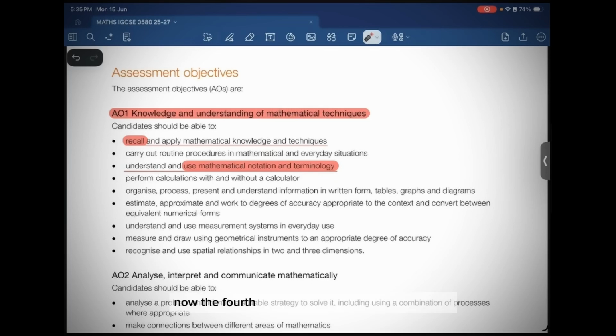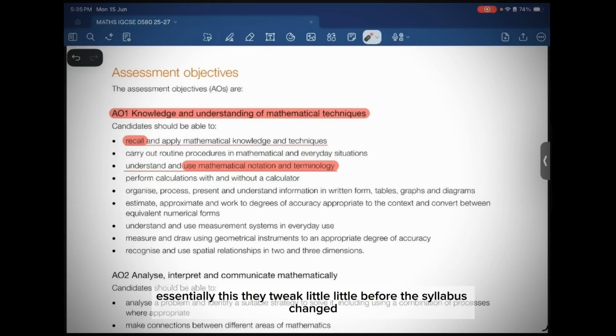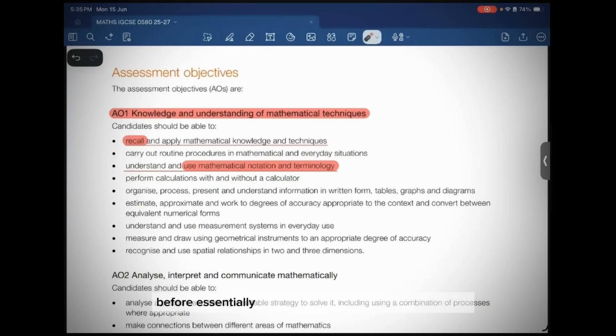Yes. Now, the fourth point in your assessment objective, perform calculations with and without a calculator. Essentially, they've tweaked it a little. Before the syllabus changed, before the paper pattern changed in 2024, paper 2 was also a calculator-based paper.